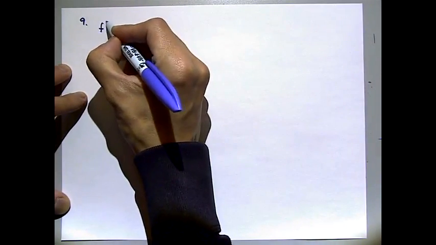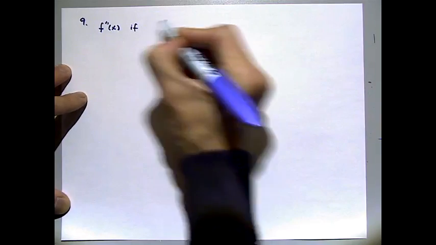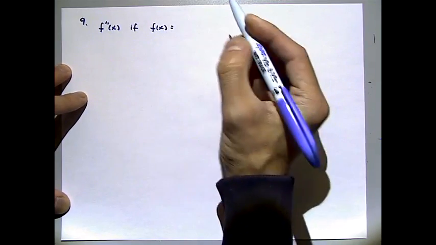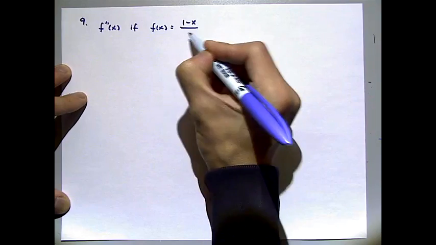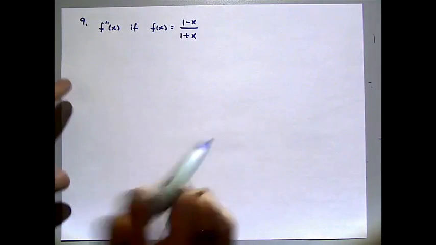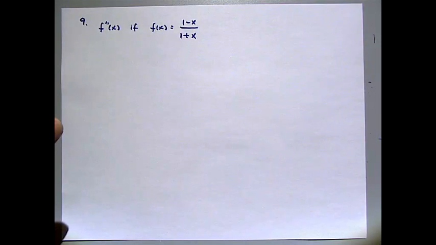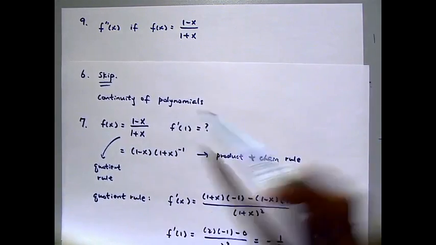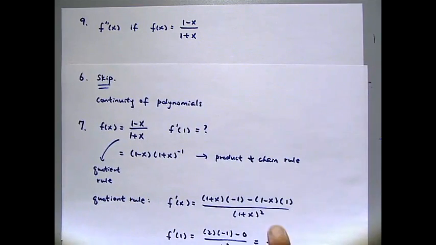All right, number 9. We're making good progress. Second derivative of 1 minus x over 1 plus x. Isn't that the same thing we did in number 7? Yeah, it's the same function, so we'll just borrow that from 7.